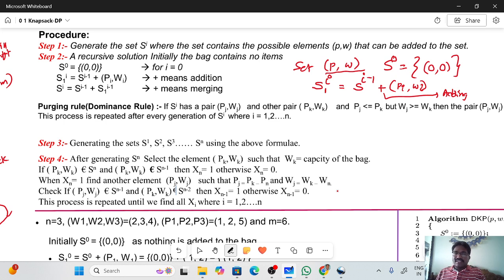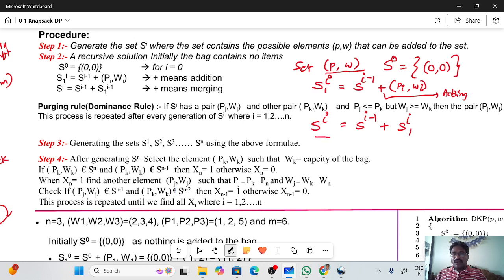The full result we obtain with an equation, which is also recursive: S power i is the previous set, Si minus 1, plus the present set. The present set is what we get after adding the ith item's profit and weight to the previous set, which is Si1.